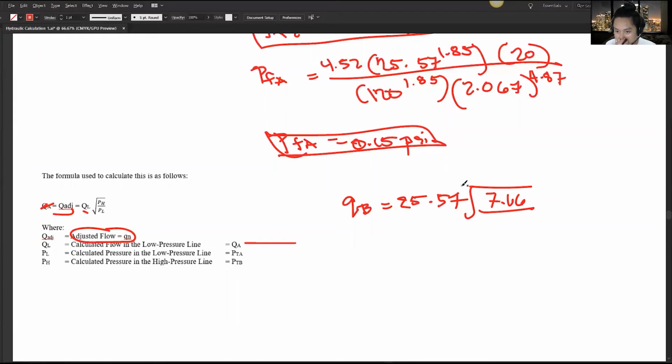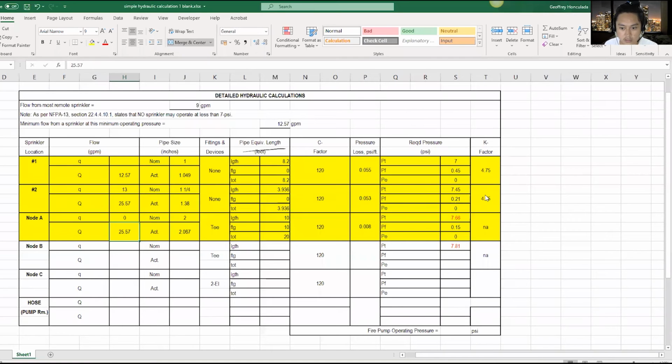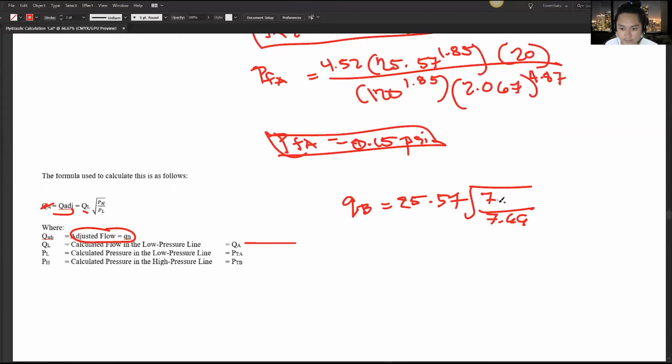So this is the high, 7.66, that's 7.66 below. We remove this one, and that's 7.81, because this is pH, the higher over the lower pressure.